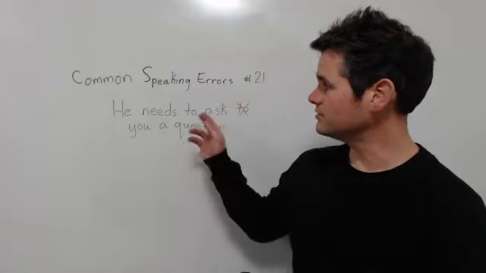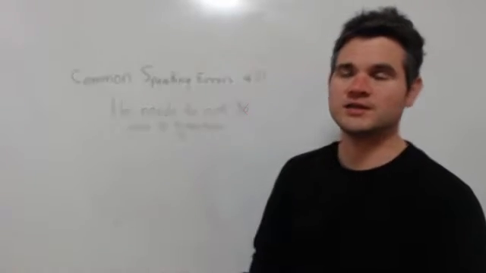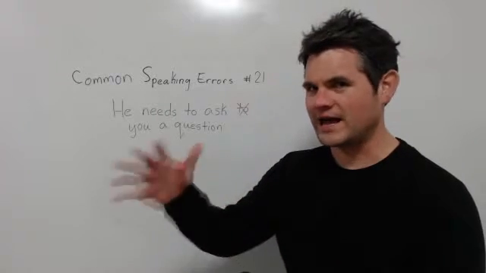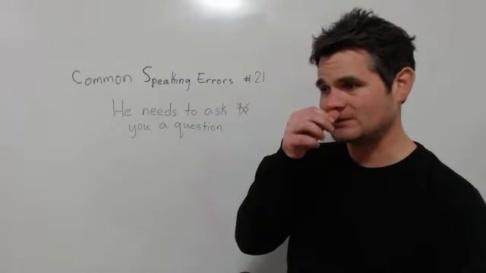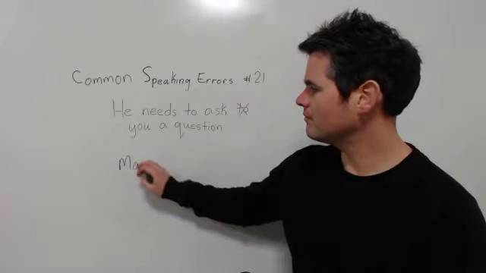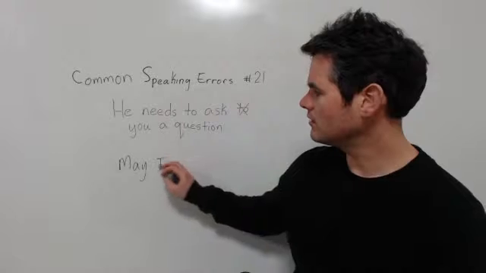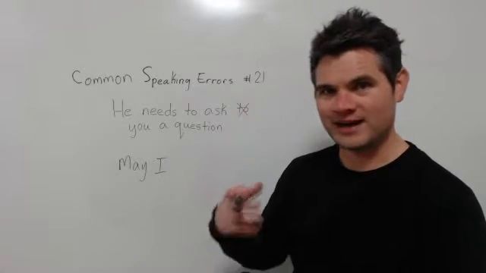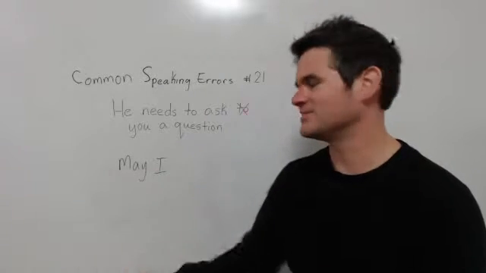And you can also do this. Now you can also use the verb ask in a question. So if you want to request to ask someone a question, you can start with may I. This is the more polite way of asking someone if you can ask them a question.